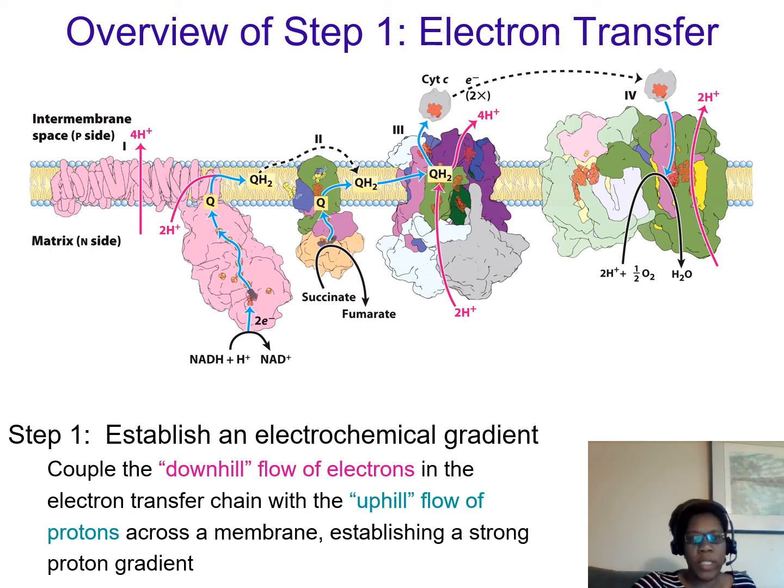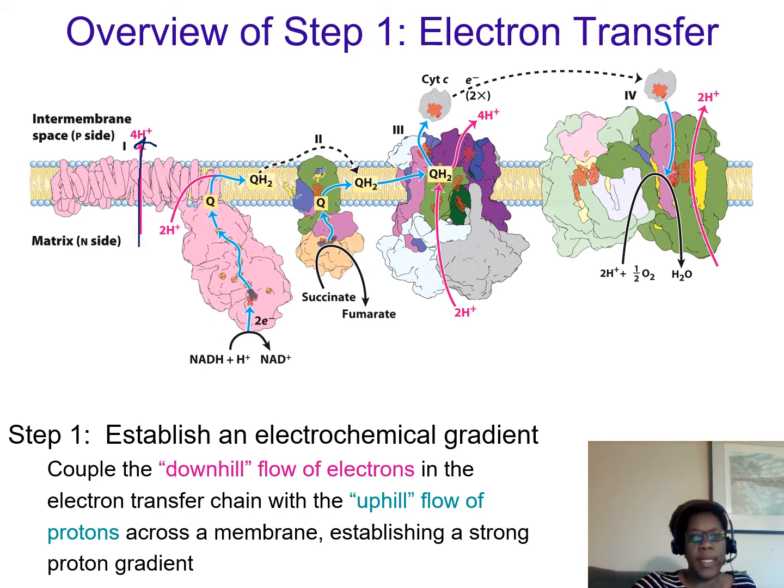So electrons here, for instance, are in NADH, and we want to get them into other electron carriers that we'll see. And so we're going to just go transferring electrons along. Transferring electrons is going to produce energy, and that is going to give the energy to protons into the intermembrane space.